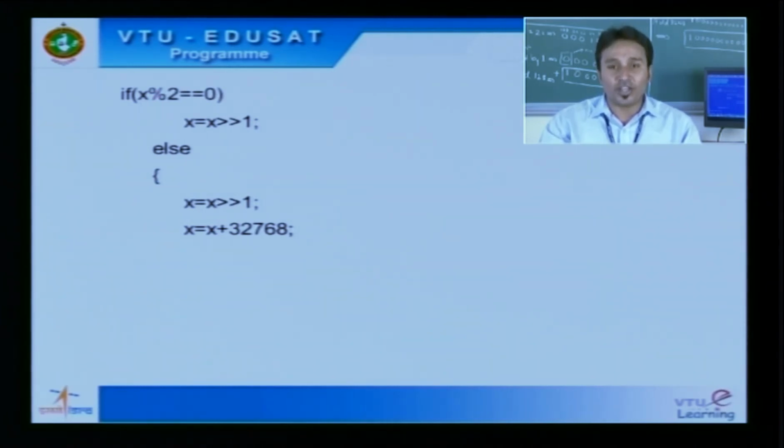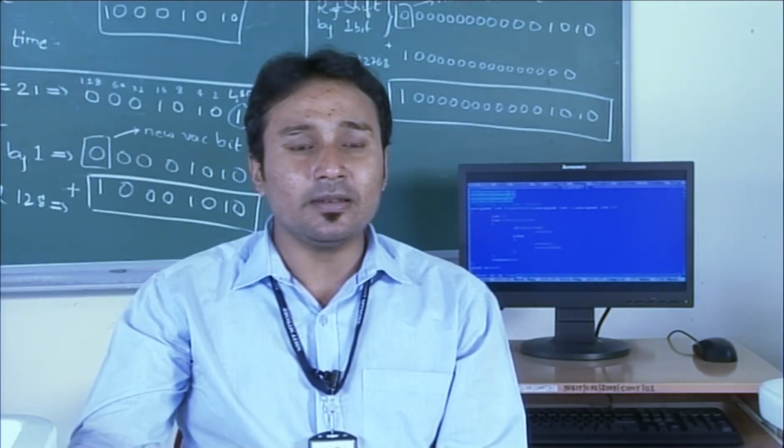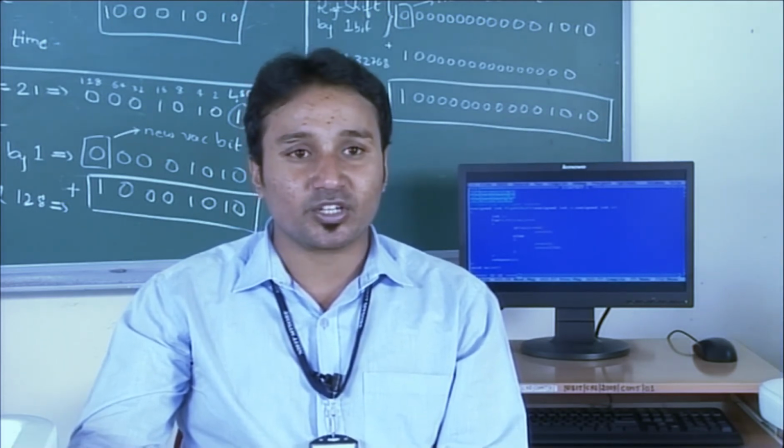The 2 to the power of 15 value is 32768. Hence, x is added with 32768. Thus, this returns the value of x when it has been completed by n bit rotation. After rotating the number x by n bits, the control moves back to the main function.